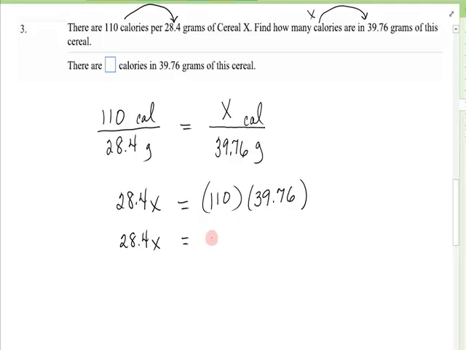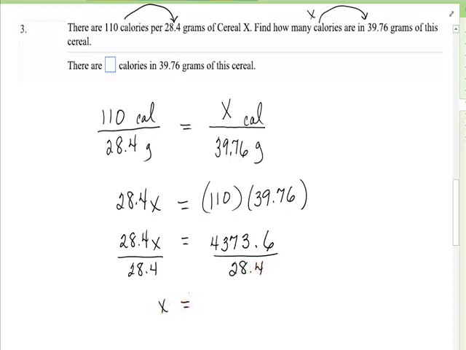And I get 4,373.6. And I'm just going to check that one more time. It's always a good idea to do your calculations on your calculator twice. All right, that seems to be right. Now I'm going to divide both sides by 28.4, which is the coefficient of x.